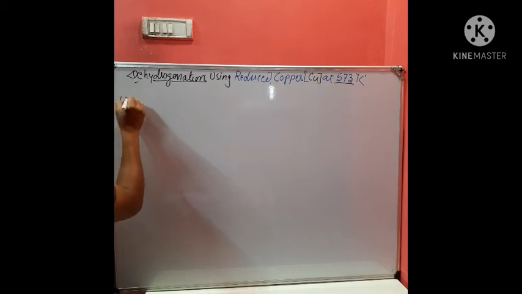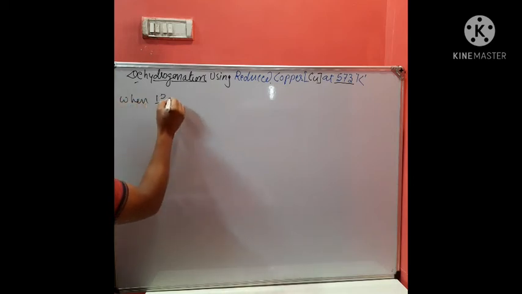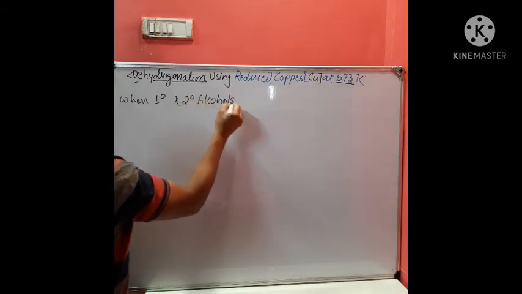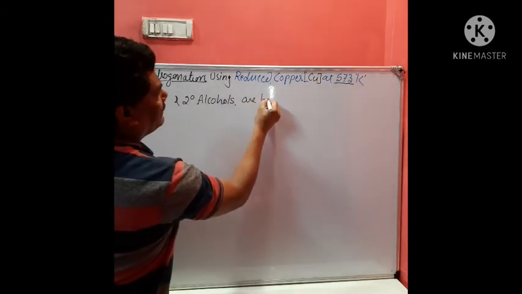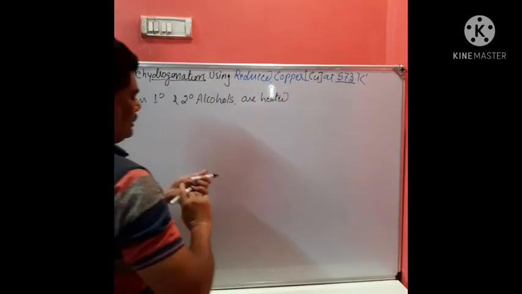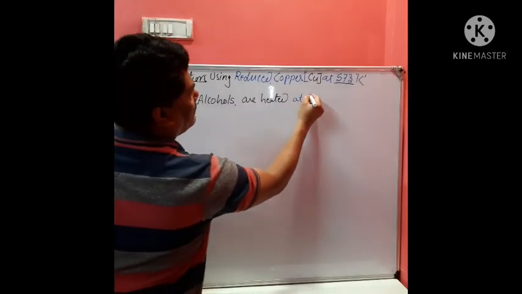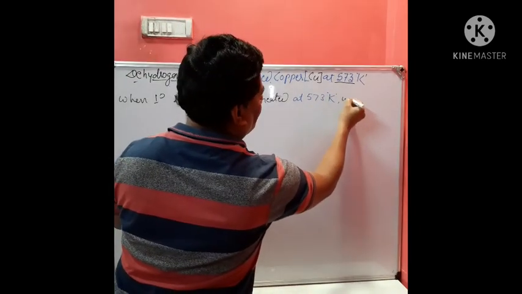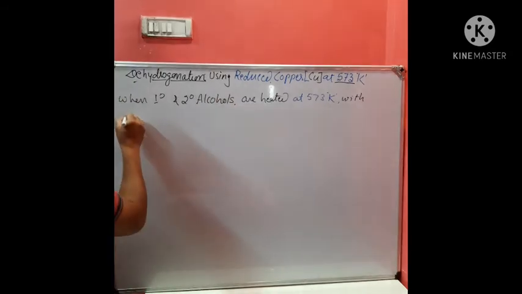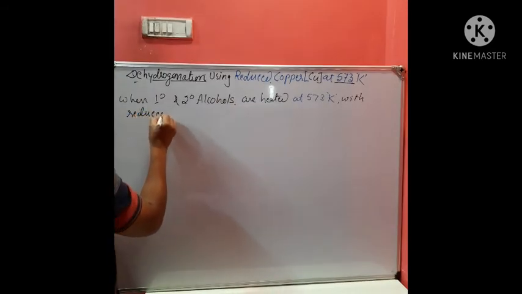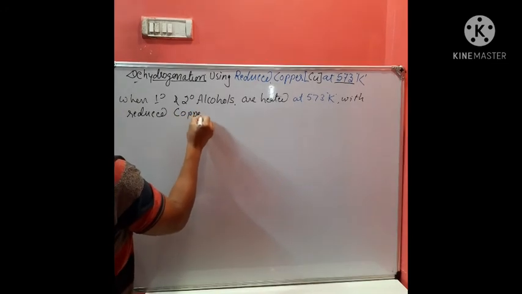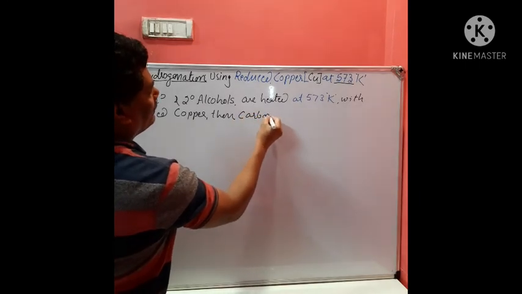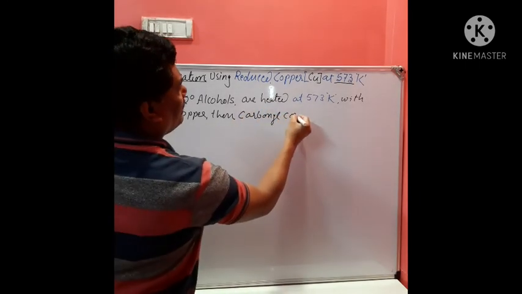Like when primary and secondary alcohols are heated at 573 Kelvin with reduced copper, then carbonyl compounds are the major product.